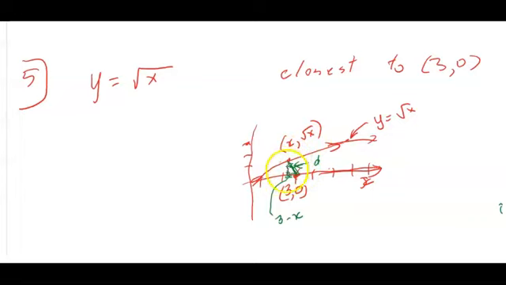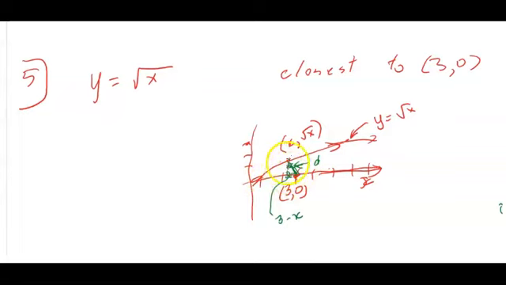We can drop a vertical from (x, radical x) down to the x-axis, and if we connect where that point is on the x-axis horizontally to (3, 0), we're making a right triangle here in green.